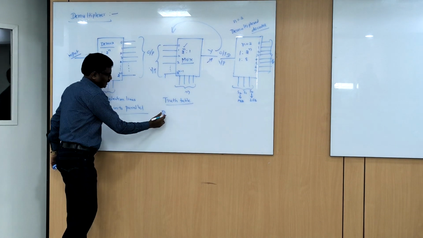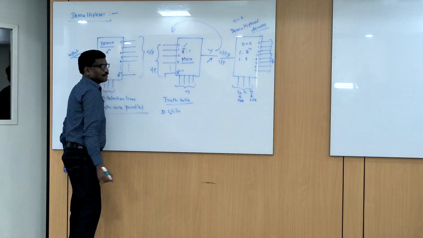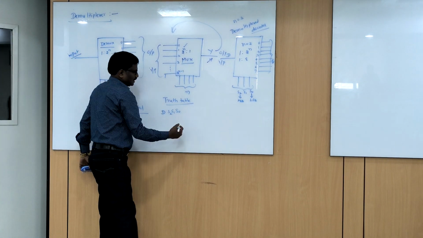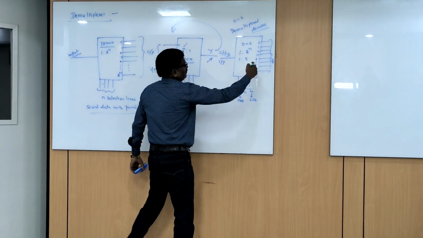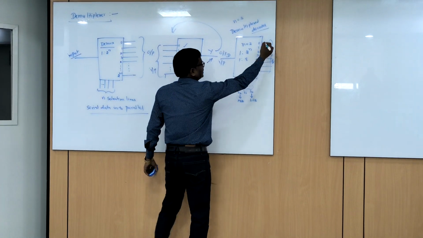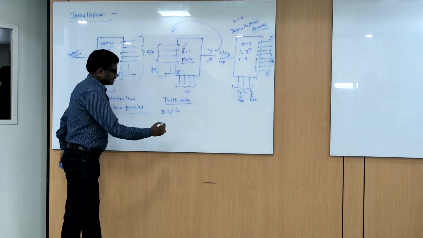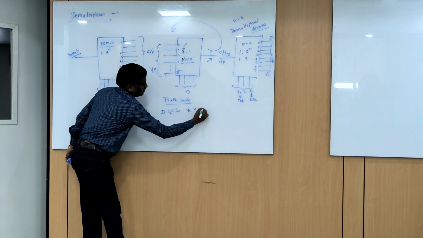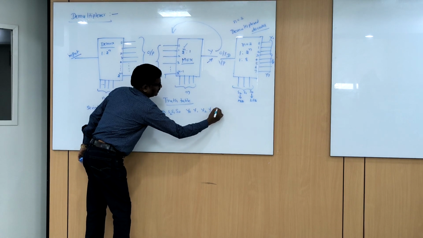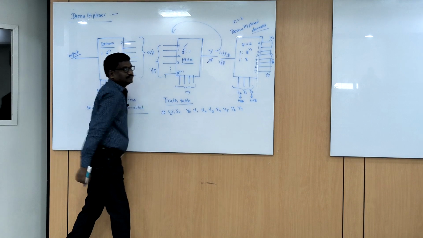Now let's take the data, the selection lines S0, S1, S2, and the outputs. What are the 8 outputs? Y0 to Y7, written as Y0, Y1, Y2, Y3, Y4, Y5, Y6, Y7.